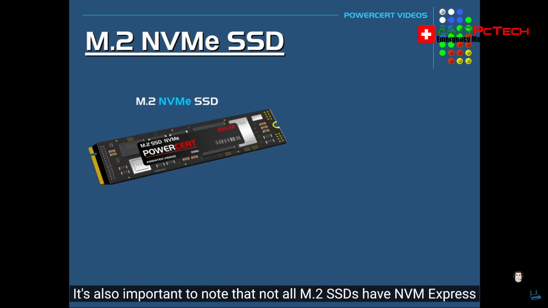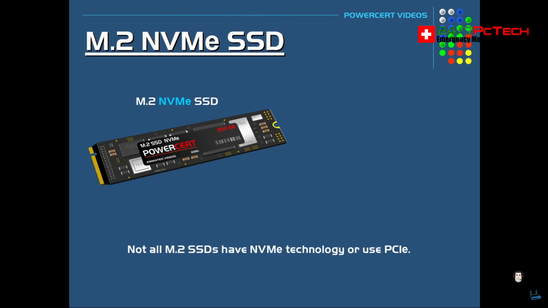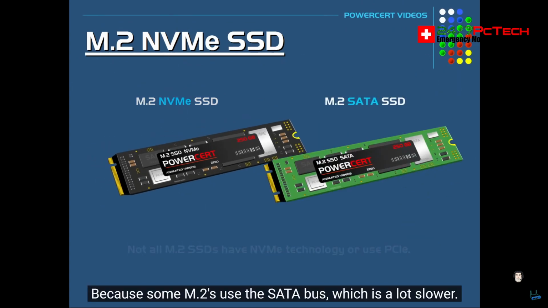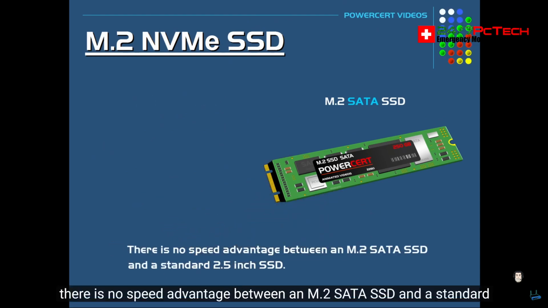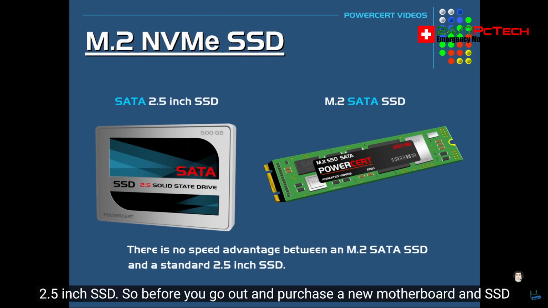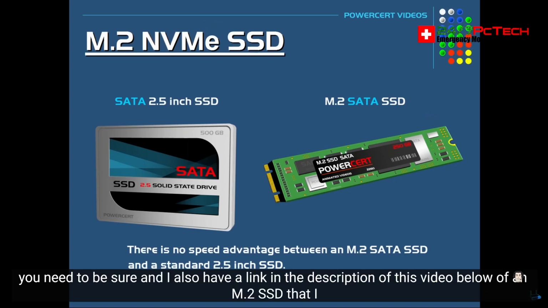It's also important to note that not all M.2 SSDs have NVMe Express technology or use the PCI Express bus, because some M.2s use the SATA bus, which is a lot slower. In fact, there is no speed advantage between an M.2 SATA SSD and a standard 2.5-inch SSD. So before you go out and purchase a new motherboard and SSD, you need to be sure.